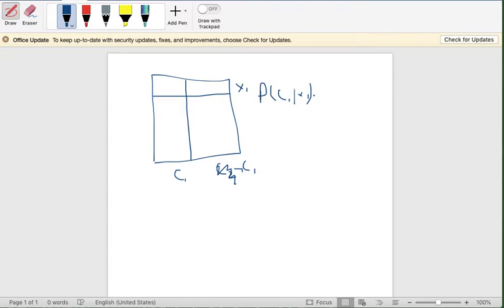That's equal to the probability of x1 given c1 times the probability of c1, divided by the probability of x1.